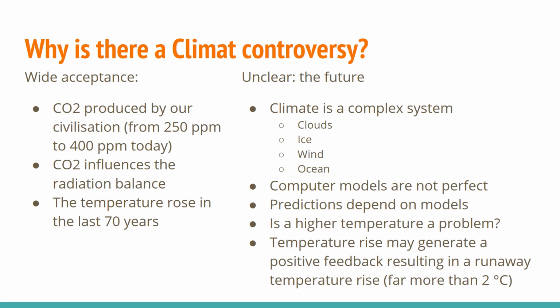So why is this now a controversy? Some things are widely accepted. The first thing, carbon is produced by our civilization. No one can say we don't burn coal. We know that we burn coal, and we can exactly calculate the amount of coal and oil and gas we burn every year.